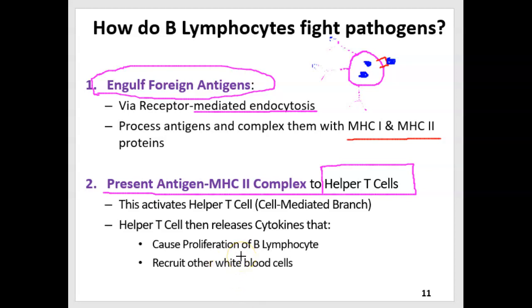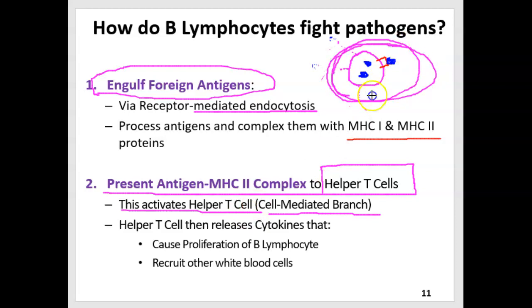So what happens when that occurs? Well, it activates the helper T cell, which really is part of the cell-mediated branch, but we're seeing some crossover here. So once the helper T cell recognizes this complex presented by the B lymphocyte, the helper T cell binds and it releases cytokines.